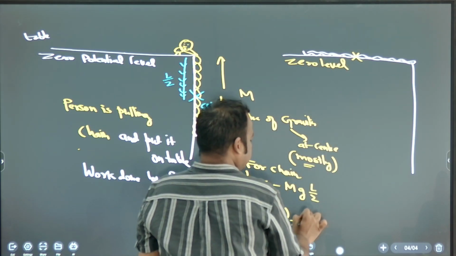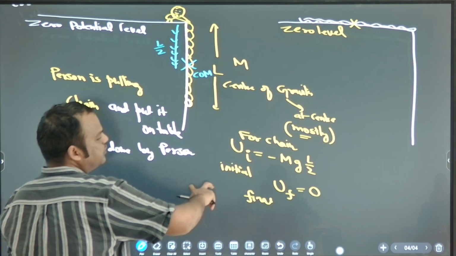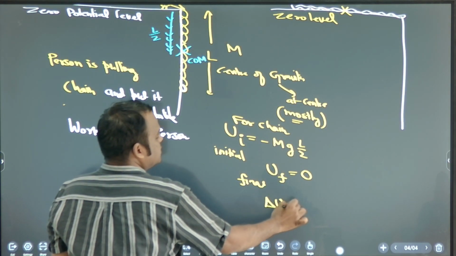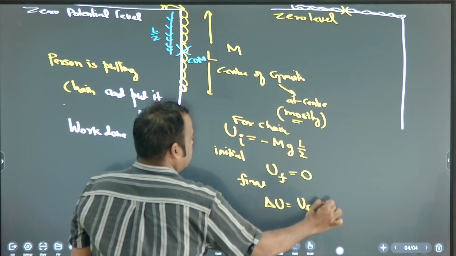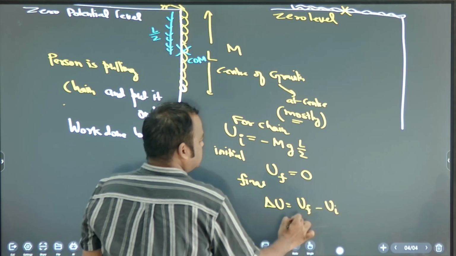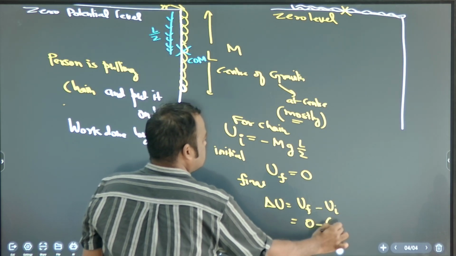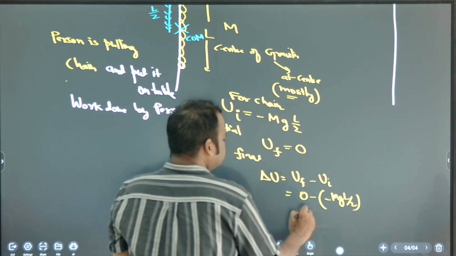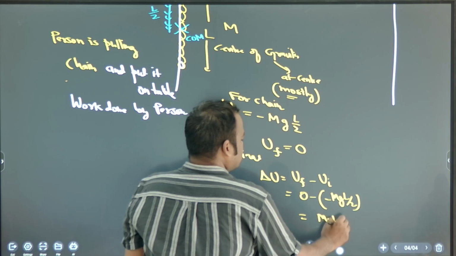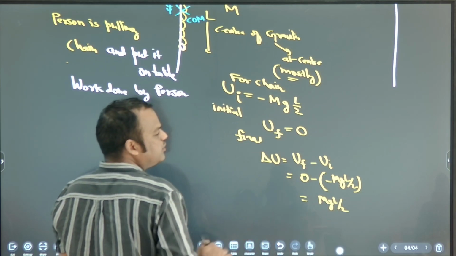So what is delta U? U final minus U initial, which is 0 minus (minus mgl by 2). So delta U is plus mgl by 2.